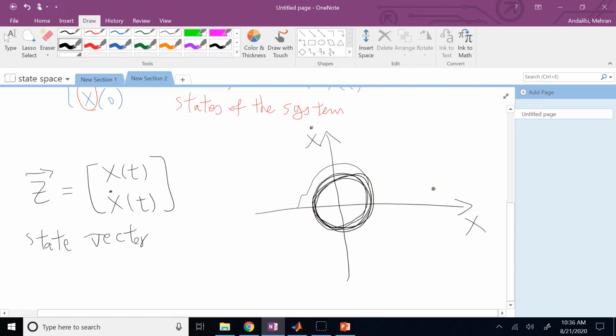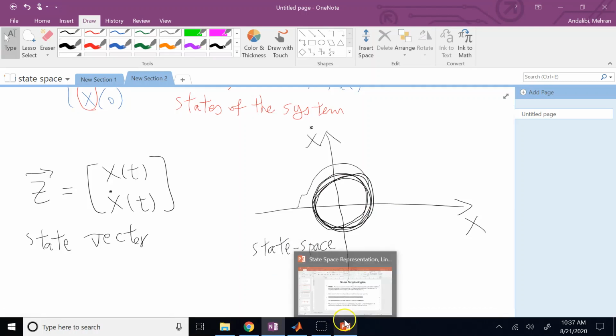That kind of space formed by these, we call it what? The state space. The space formed by these two variables as the axes of my basically coordinate axes, right? So that's the space here, state space.